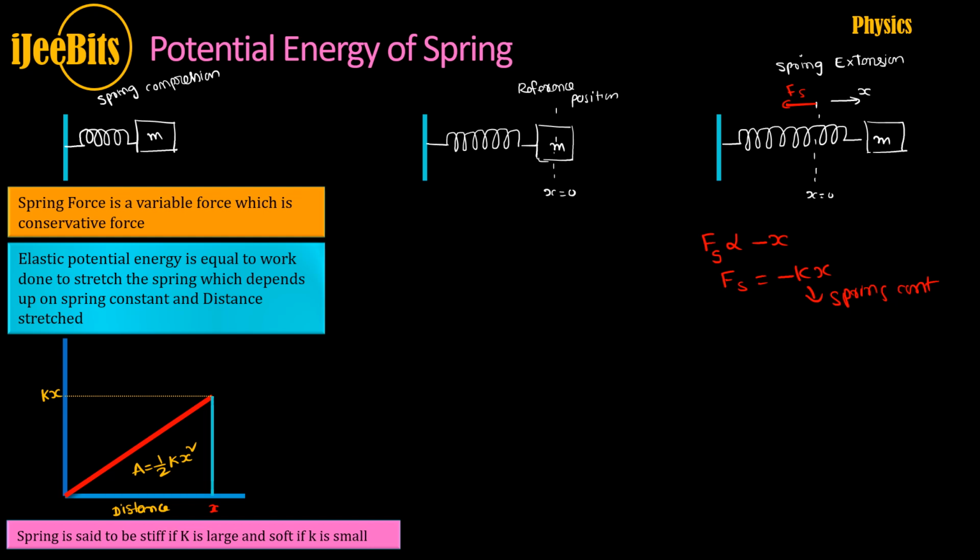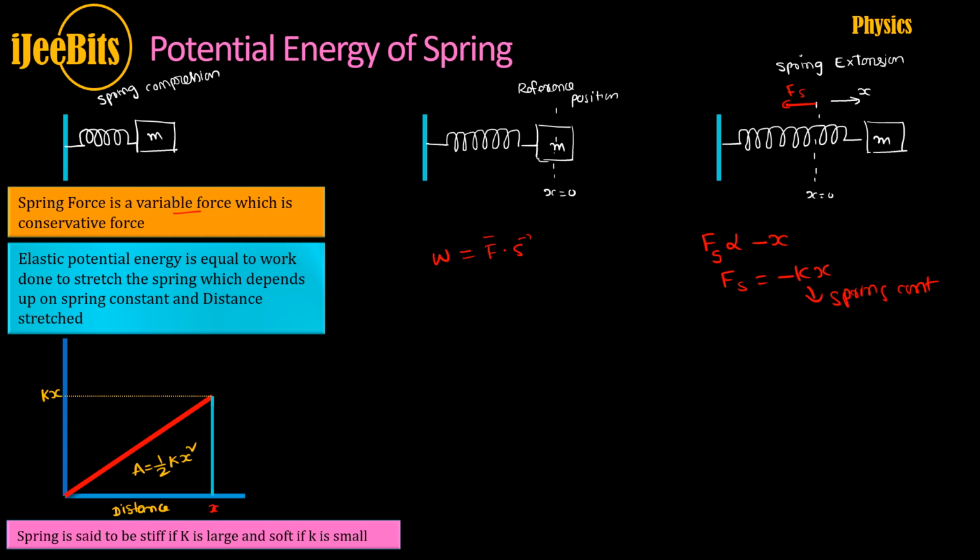So now our case would be F can be a constant value, or F can be a variable value. Precisely, the spring force is a variable force, which is a conservative force, right? If you need to find the work done, it equals F dot S, is it? If it's a fixed case, you can take the dot product of F and S and you will get it.